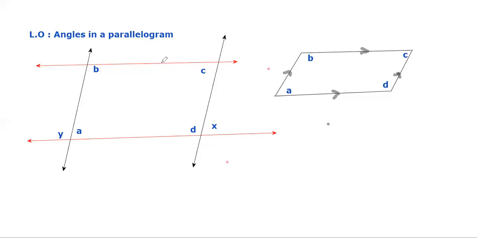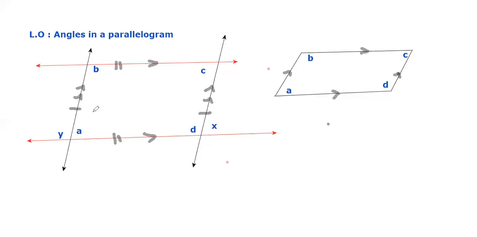So if this is a parallelogram, then some things are true: this line and this line are parallel, and this line and this line are parallel. Another thing to note is that this line is equal to this line, and this line here is also equal to this line.